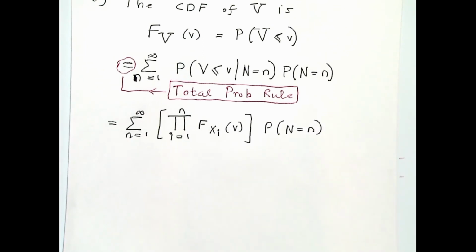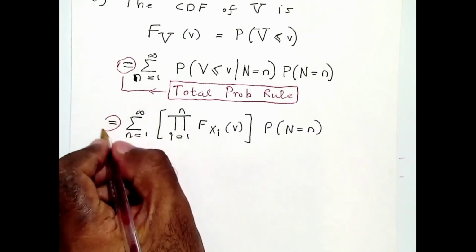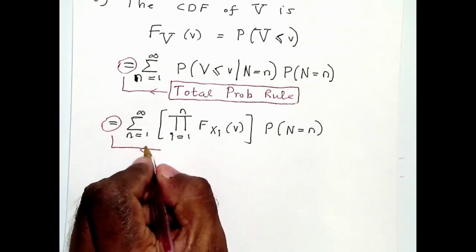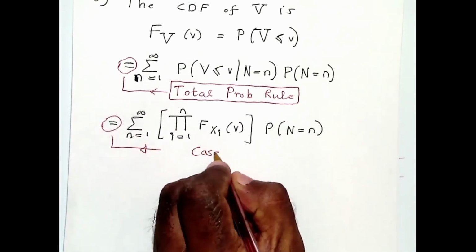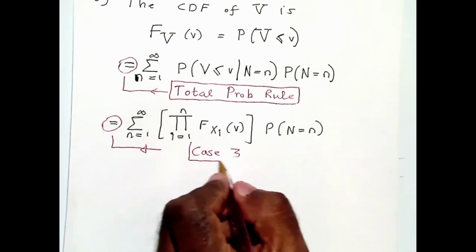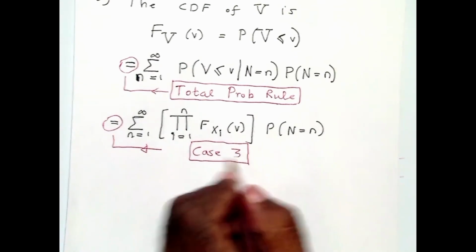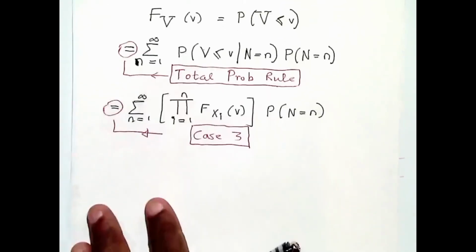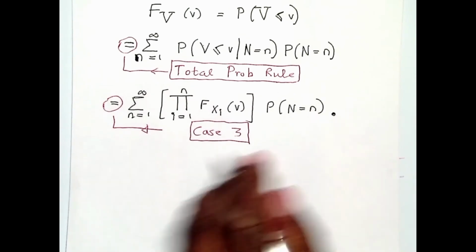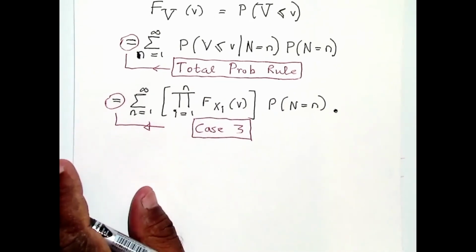All right. So this step here follows by case 3. Right. So that's the formula for the CDF of V under case 4.